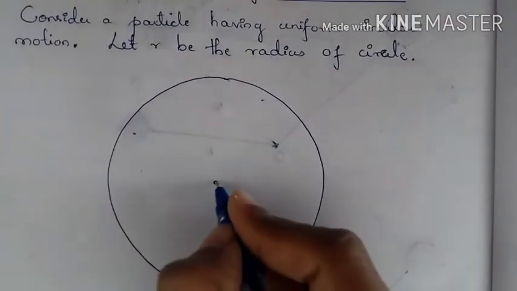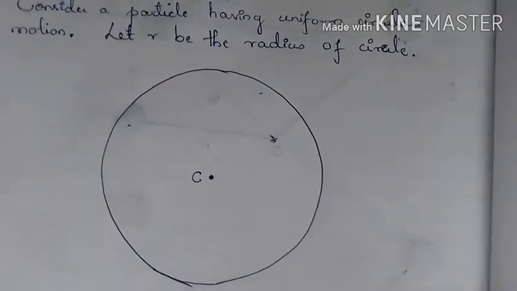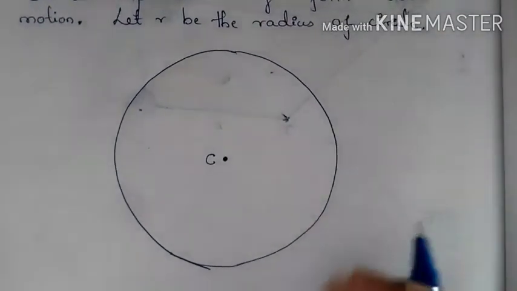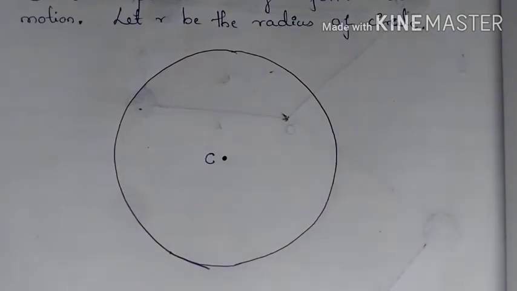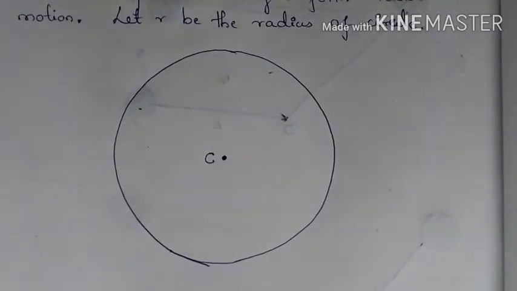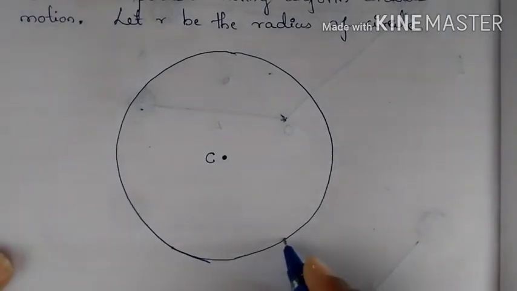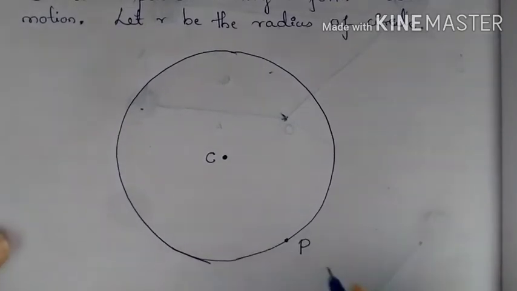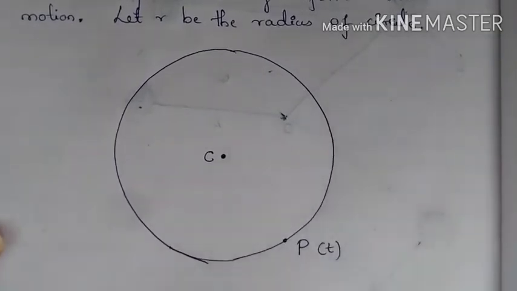Let this point be the center of the circle, C. From C to any point on the circle will be the radius of the circle. In this, let us consider two points. Suppose the object is at a point P at time t.